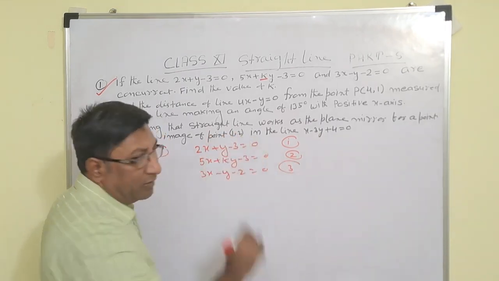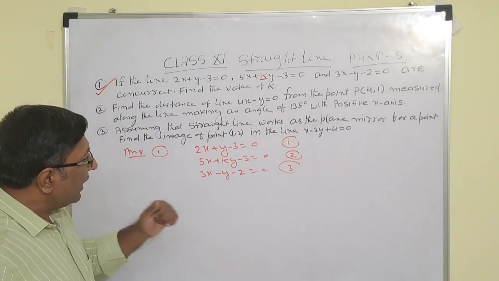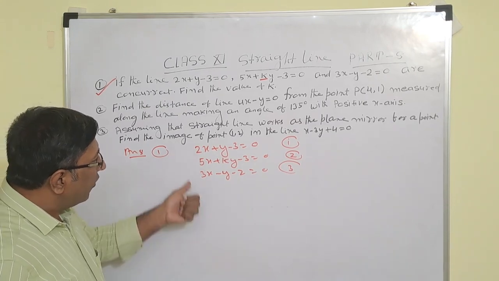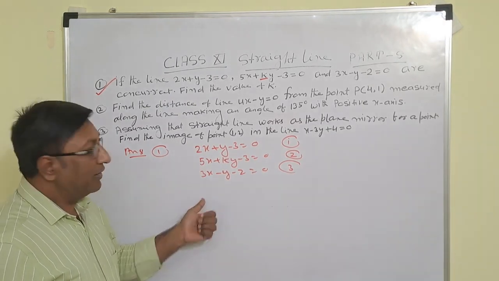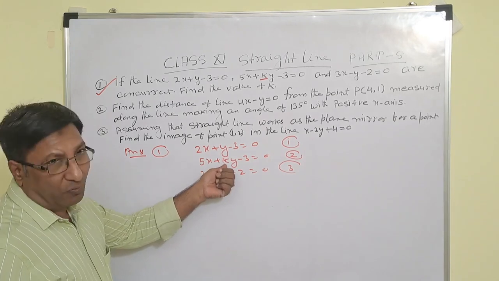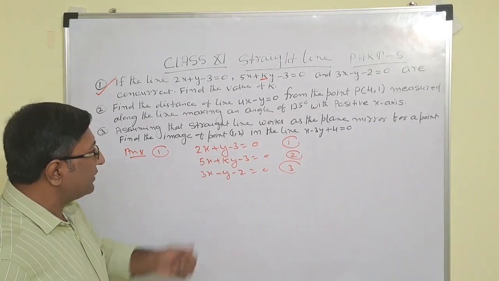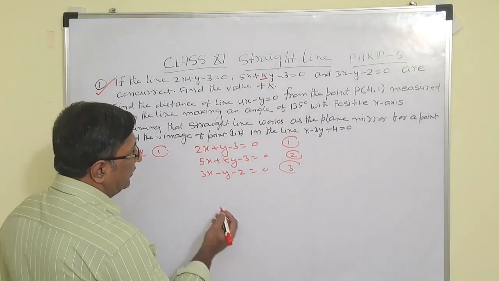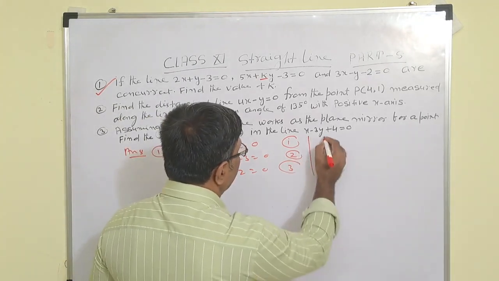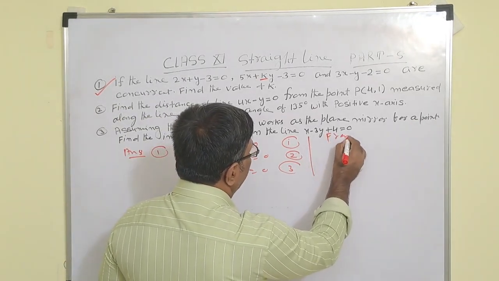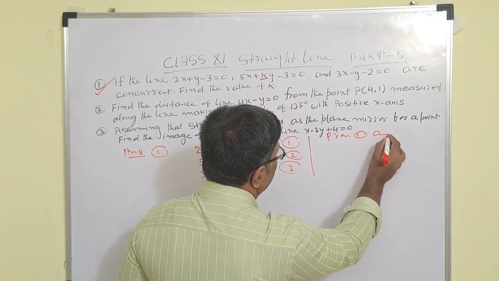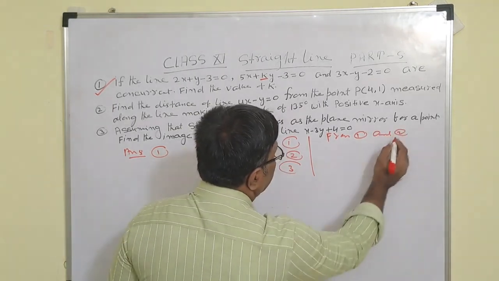Now we have to find the common point of all three lines, and first we have to find k. So first you solve the first and third equations.